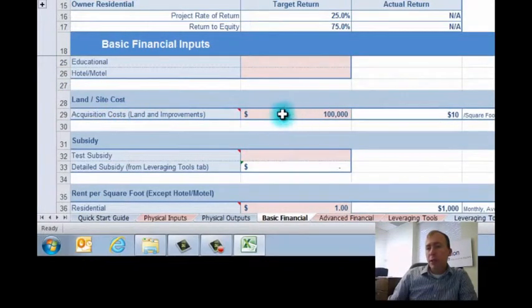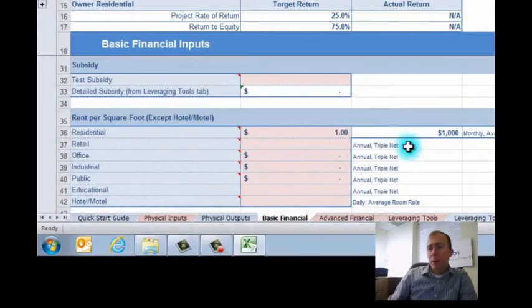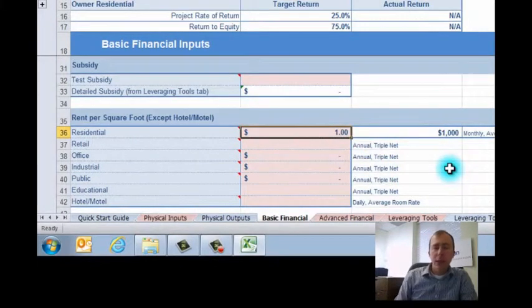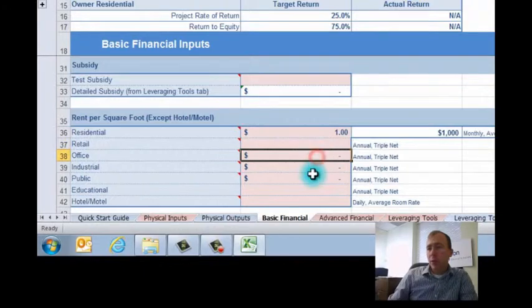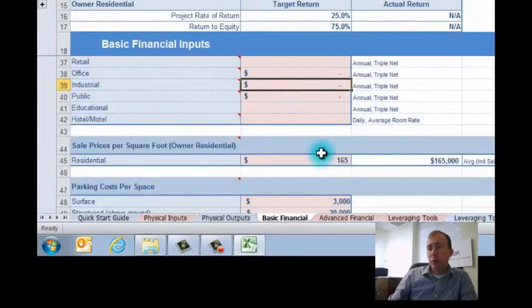My site cost or my land, I plugged in right here at $100,000. And I'm also looking at rent per square foot. In residential, I've plugged in $1 per square foot. We could also plug in retail, office, industrial, and so forth in our rents per square foot right here.